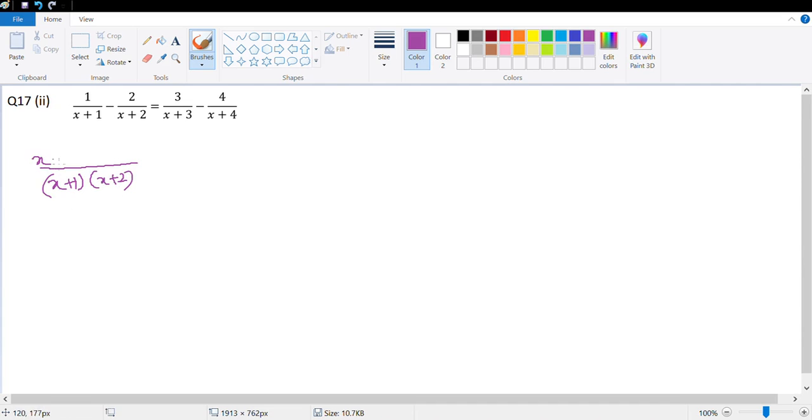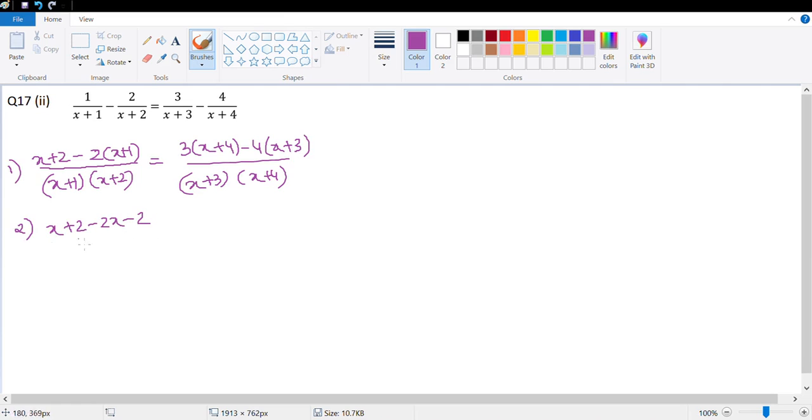So the numerator becomes x plus 2 minus 2 times x plus 1. This is equal to, here the LCM becomes x plus 3 multiplied with x plus 4, and this becomes 3 times x plus 4 minus 4 times x plus 3. Perfect. Let's open the bracket. So that's x plus 2 minus 2x minus 2 upon x square plus 3x plus 2, and this is 3x plus 12 minus 4x minus 12 upon x square plus 7x plus 12.